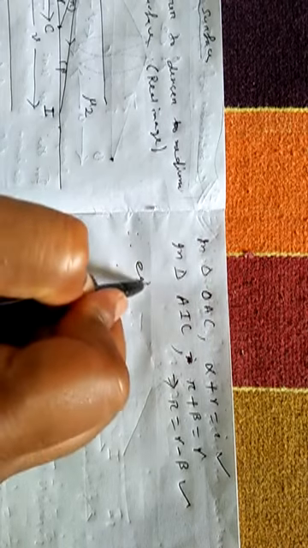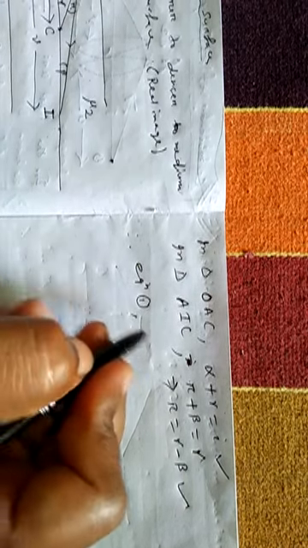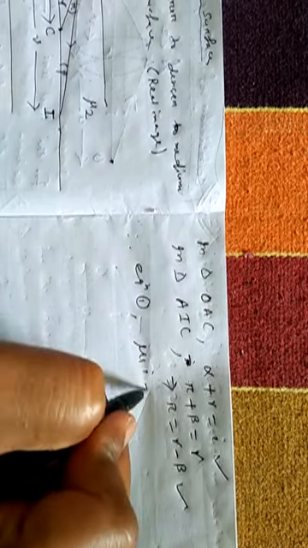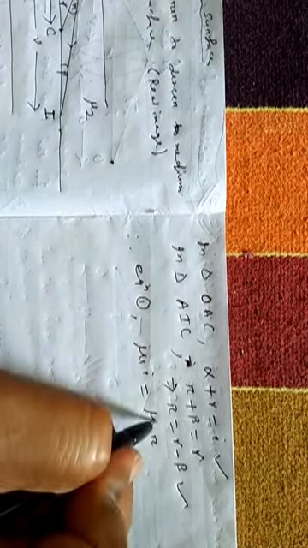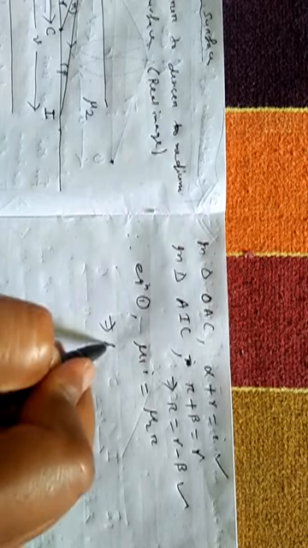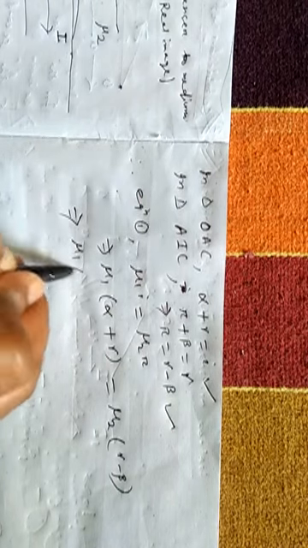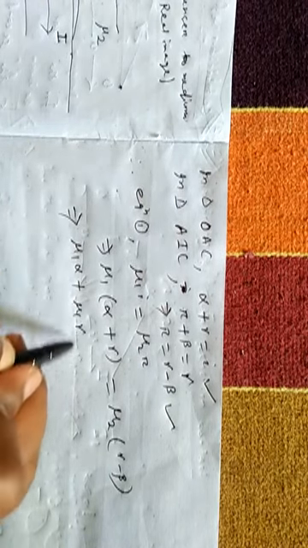So equation 1, mu1 I is equal to mu2 R, implies mu1 into alpha plus gamma is equal to mu2 into gamma minus beta, implies mu1 alpha plus mu1 gamma is equal to mu2 gamma minus mu2 beta.